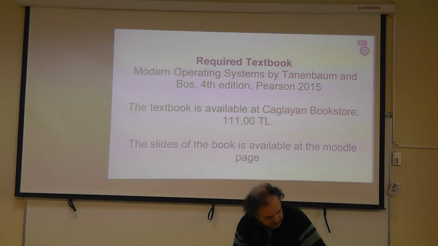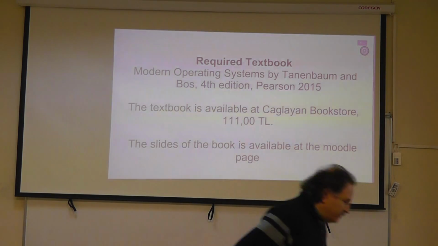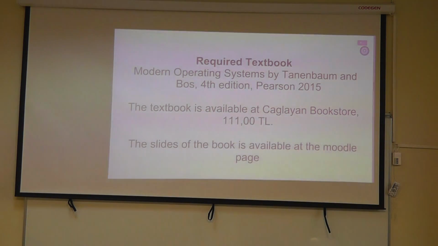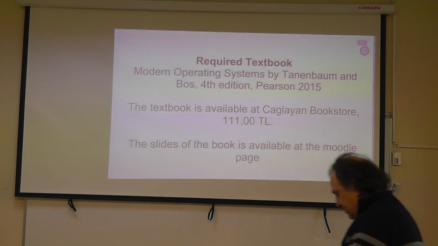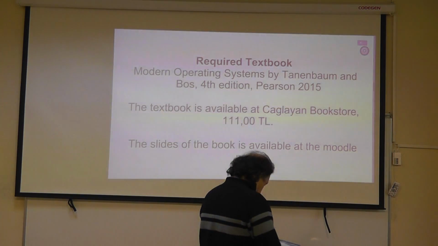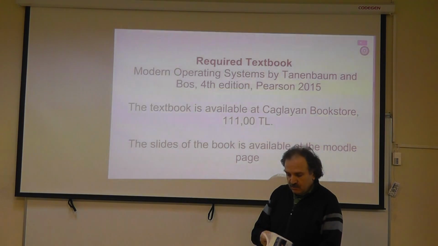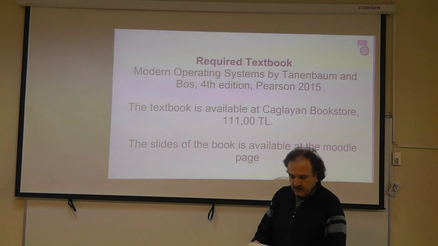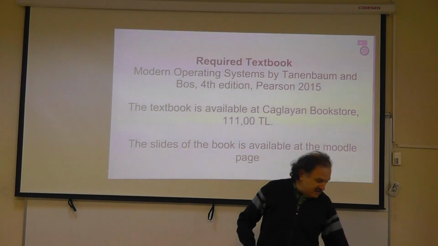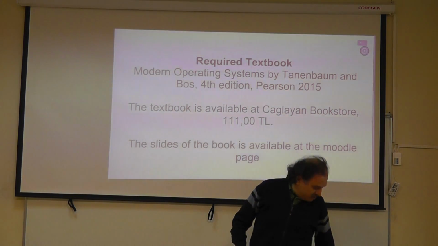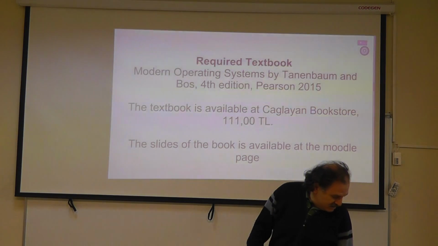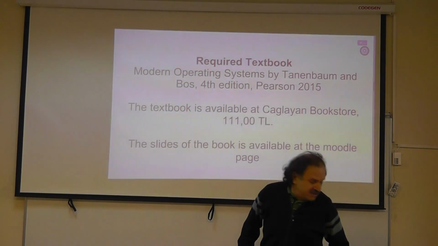The book, there is a required textbook, which is this one, the 4th edition of Modern Operating Systems. Okay, so this is a book of more than 1,000 pages. Last year it was available at the bookstore, and its cost was 111 Turkish liras.